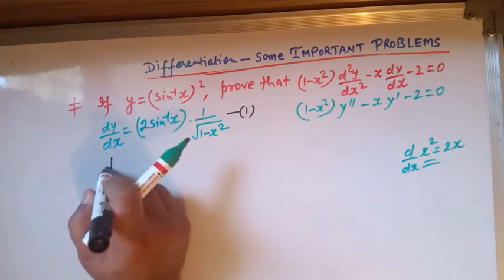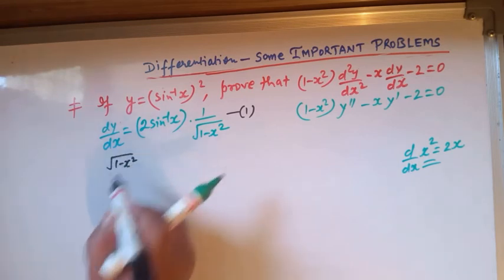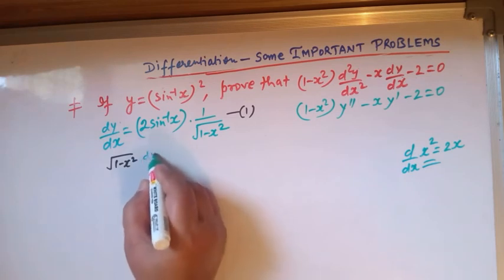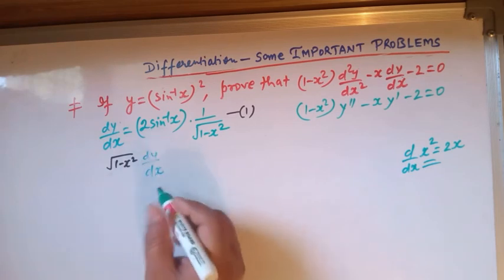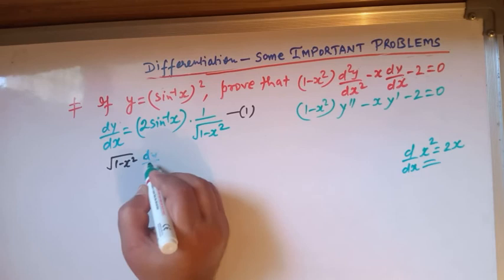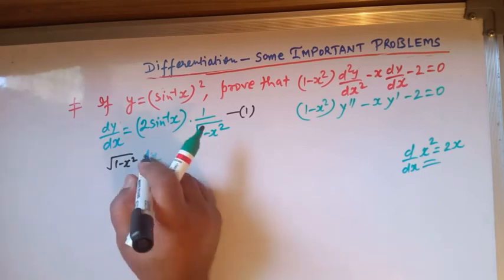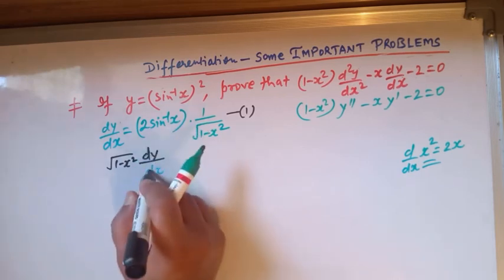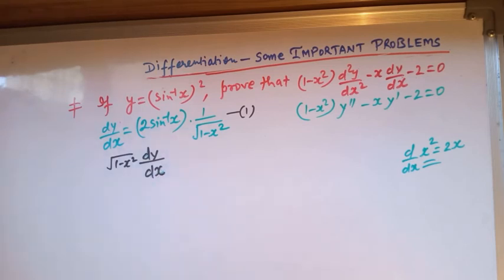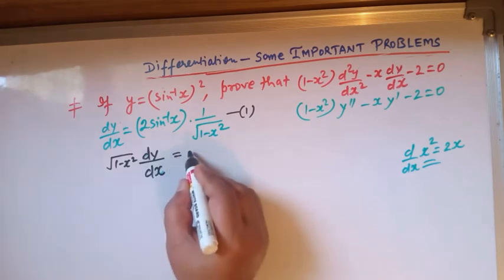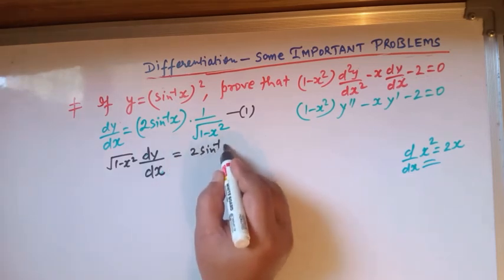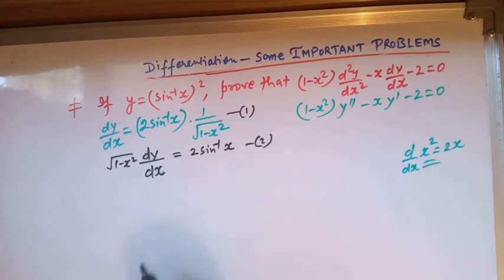So we'll have square root of 1 minus x square, then we have dy over dx. Clear? This is dy over dx, equal to 2 sine inverse x. Clear? This is equation number 2.